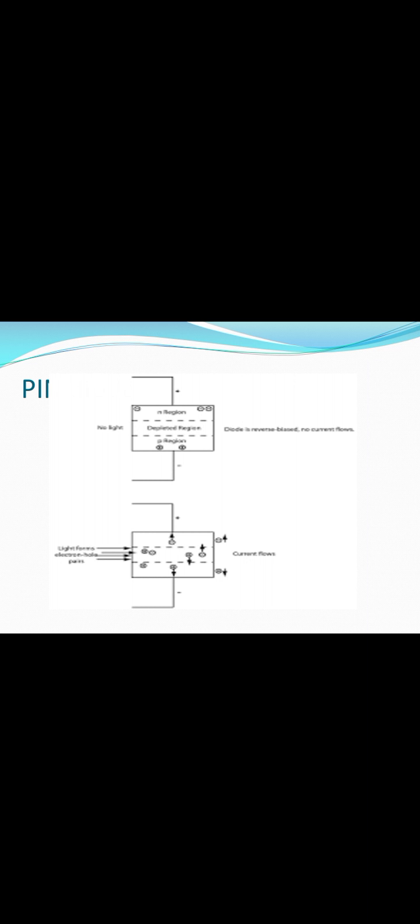Then next is the PIN diode. The PIN diode is a simple PN junction diode. For these simple PN junction photodetectors, the frequency response is limited by the junction capacitance, and the diode capacitance can be reduced by the use of intrinsic semiconductors.